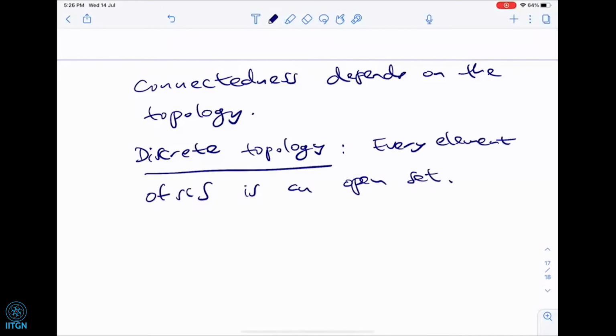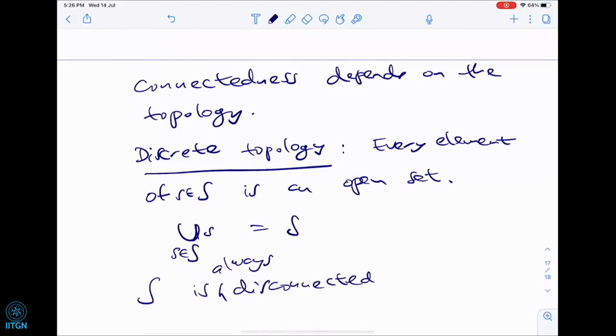If I take the union of all {s} over all s in S, this is equal to S, and obviously every element is disjoint from every other. So S, the full set, is always disconnected. Even the real line is disconnected in the discrete topology.